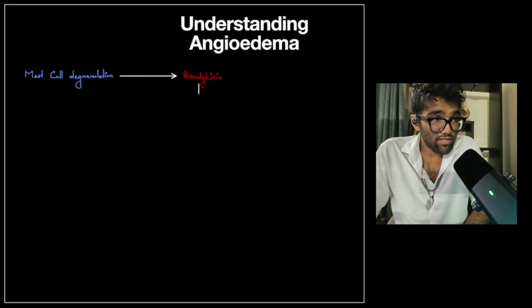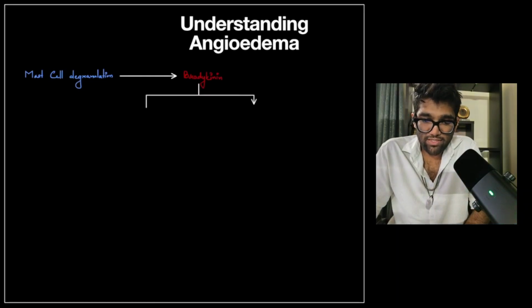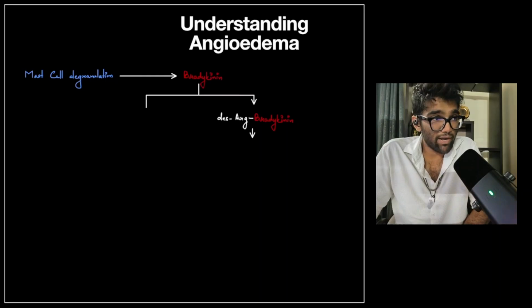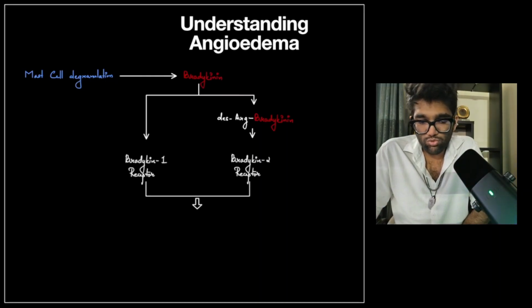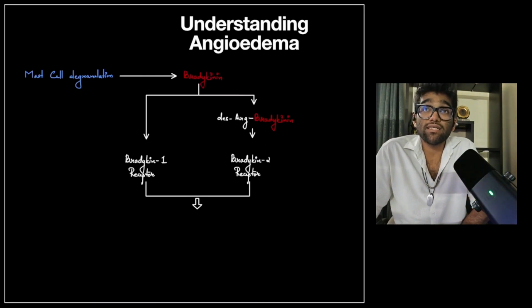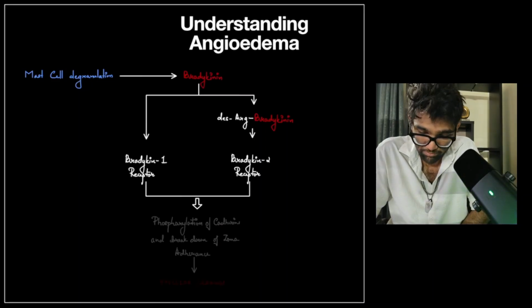There is mast cell degranulation, much like we saw with urticaria. There is a release of bradykinin. Bradykinin is converted into desarginine bradykinin, a metabolized version of bradykinin, or it acts directly through two receptors. Directly, bradykinin acts on bradykinin 1 receptors, and once it is converted to desarginine bradykinin, it essentially acts via the bradykinin 2 receptor.